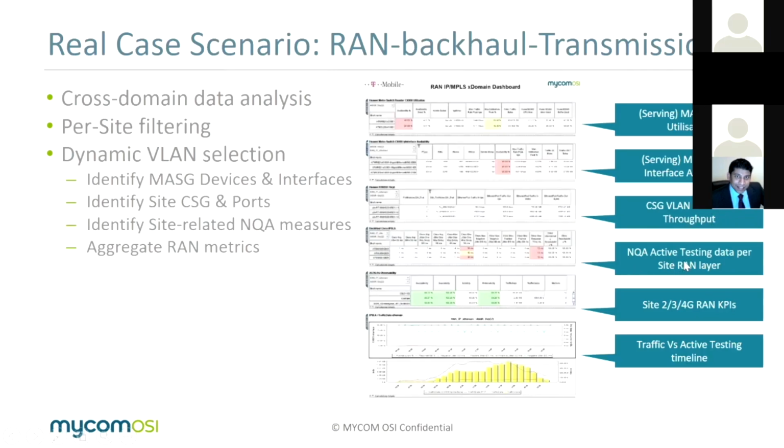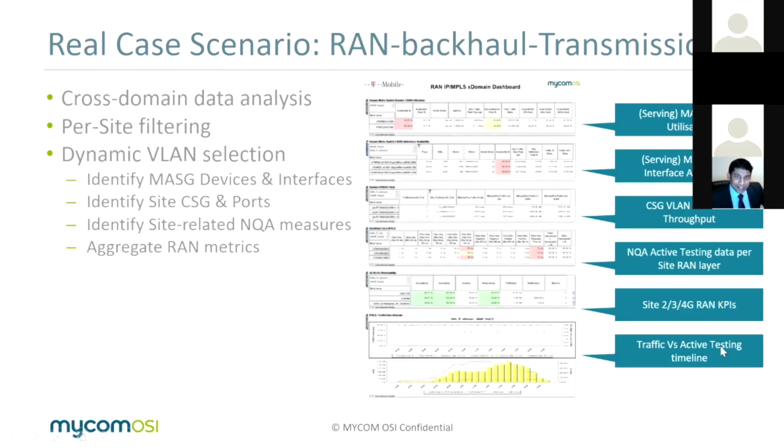And then the solution also allows service providers to look into things such as the IP SLAs from Cisco, for instance, to look into the round trip times and delay and jitter, in order to also correlate that with the network performance statistics. Also, we enable traffic versus active testing as well.